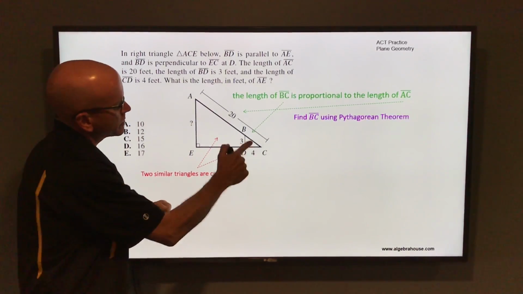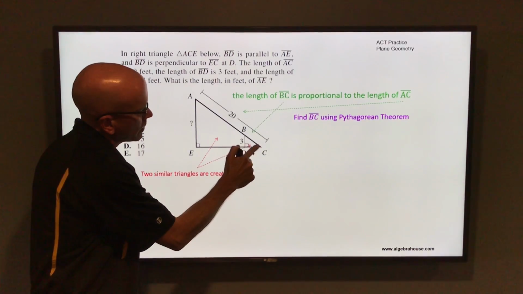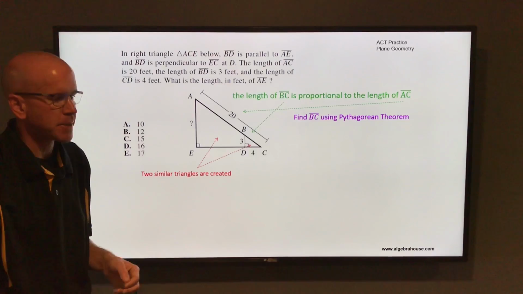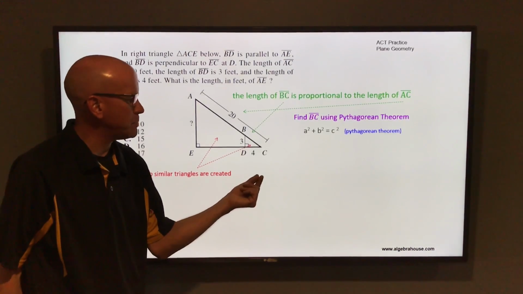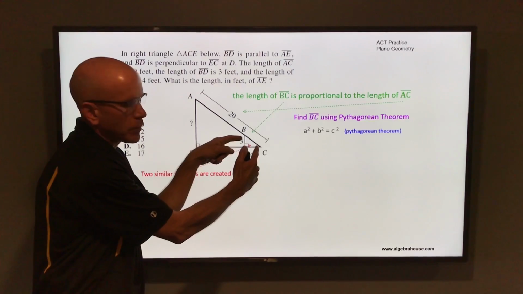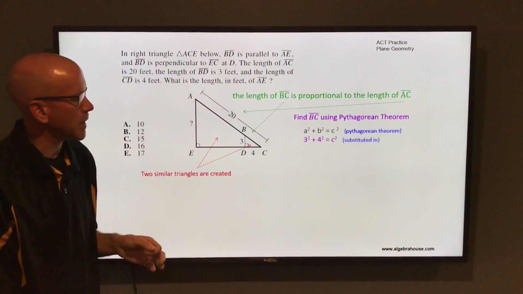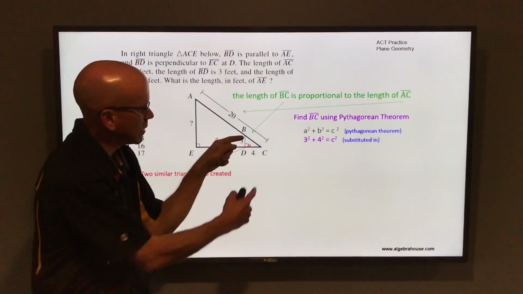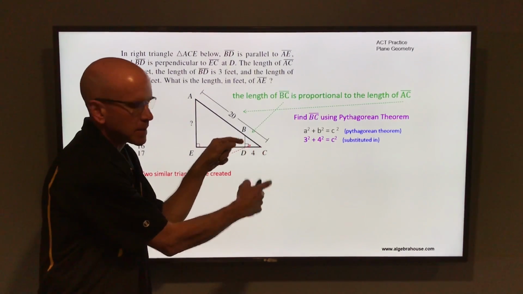First thing we're going to do is find this length of BC. So we're going to fill in this missing side right here on this small triangle. To do that, simply use the Pythagorean theorem. A squared plus B squared equals C squared. Sum of the squares of the two legs is equal to the square of the hypotenuse, that is the Pythagorean theorem. So take 3 squared plus 4 squared, that equals C squared, where C is this missing side, this BC.